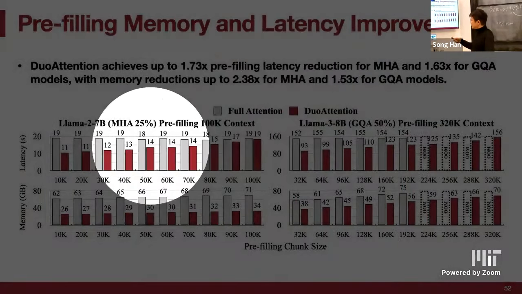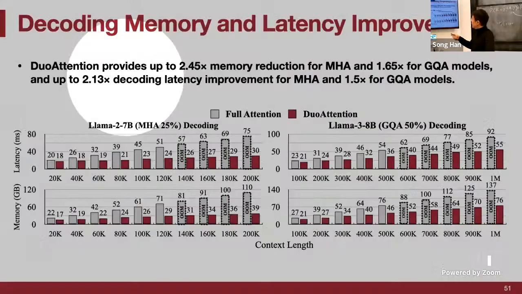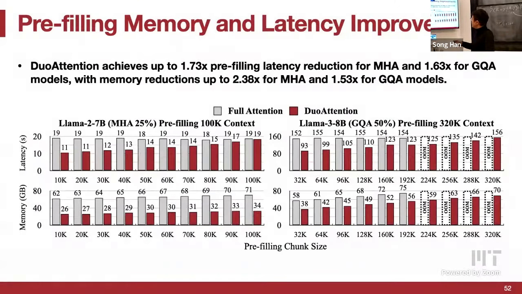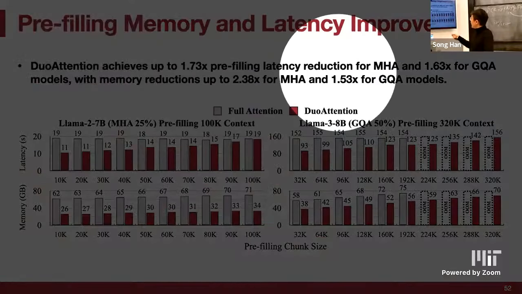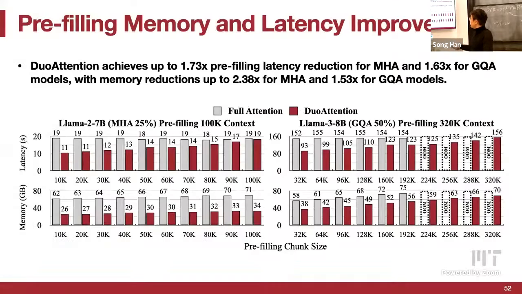This is the decoding memory and latency improvement. For pre-filling, it's about 1.7x latency reduction for MHA and 1.6x for GQA models. Memory saving is more than 2x versus 1.5x for different benchmarks.